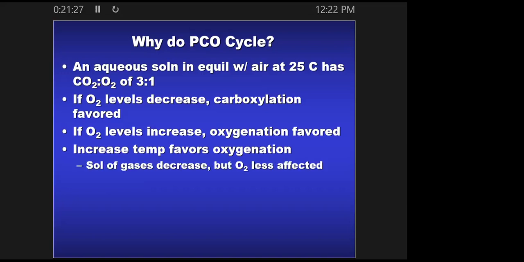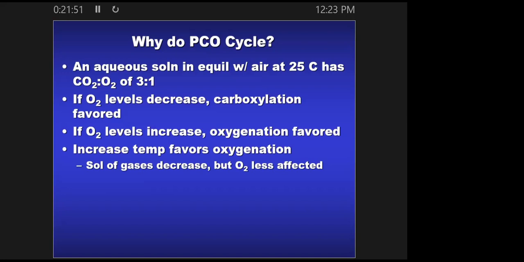Another thing, why is that the case? The solubility of gases decreases, in general, for any gas, the solubility will decrease as you warm that solution. However, oxygen is less affected.